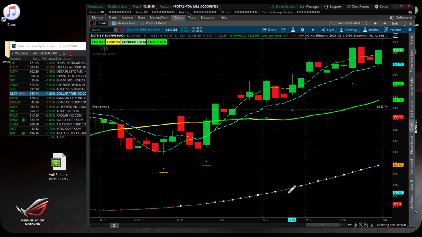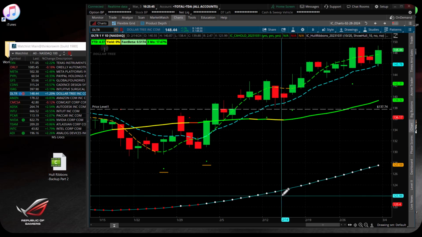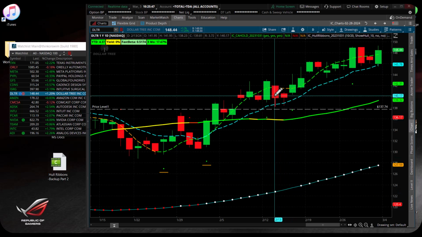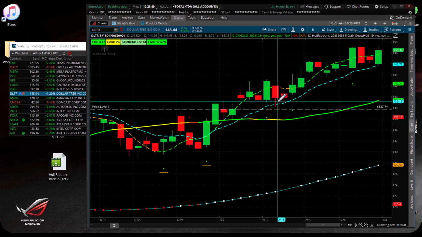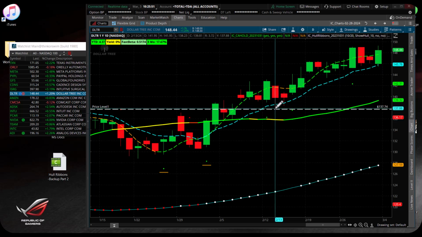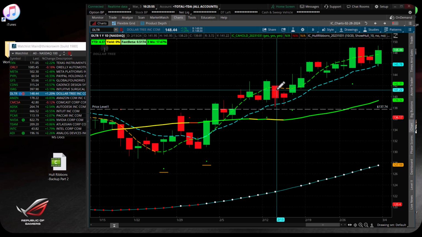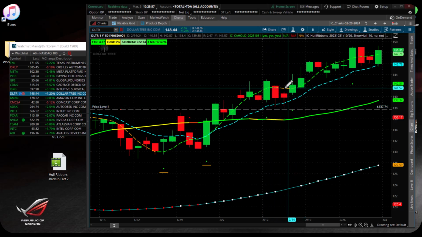So here's a case where we were in phase 3. We fell into phase 4, and that's where the stock price is still above the 10-day exponential, but the 10-day Hull is falling. The slope of the 10-day Hull is negative at that point.